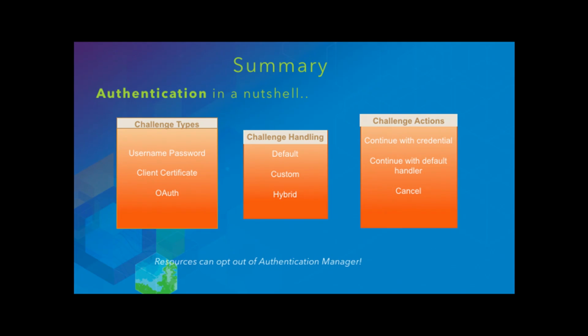And resources can also opt out of Authentication Manager. So Authentication Manager and credential cache, everything is global across your app. So your resources, like a particular layer or a geocoded service, for instance, can selectively opt out.